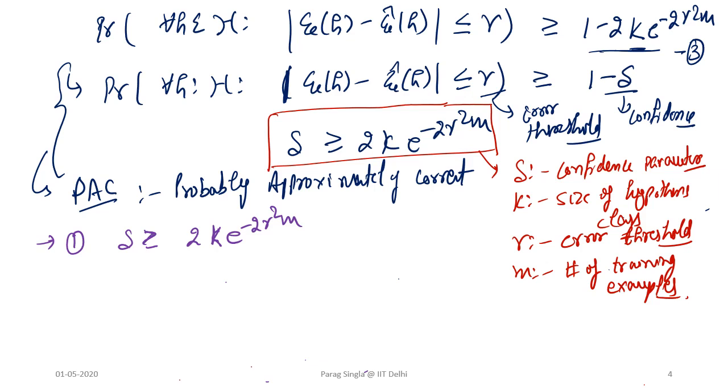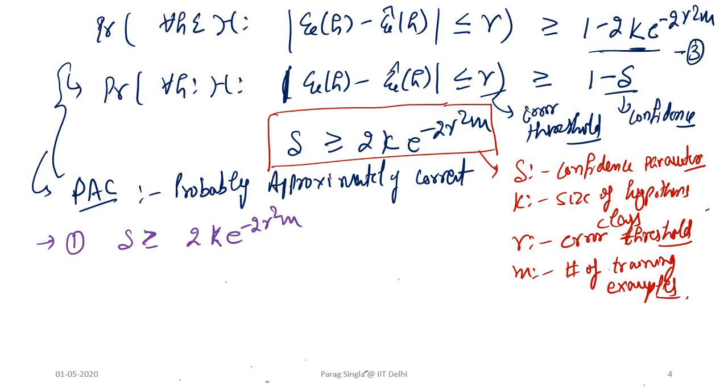And note that delta increases with increasing size of the hypothesis class. So in some sense delta increases, which means 1 minus delta decreases, so you have lower confidence as your hypothesis class increases.